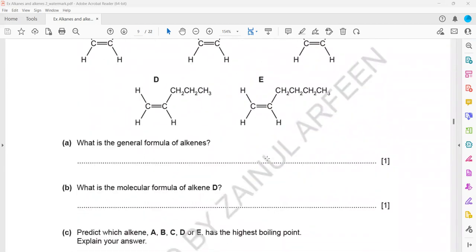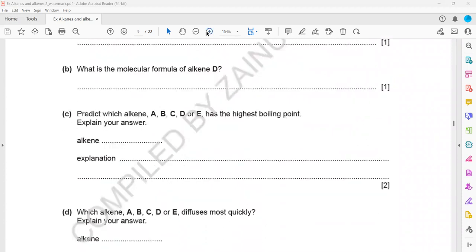Boiling point increases as the number of carbons increases. The reason is that there are more carbon atoms, so they have a stronger attraction between them. And if we have a strong attraction, we need more energy to change the state.